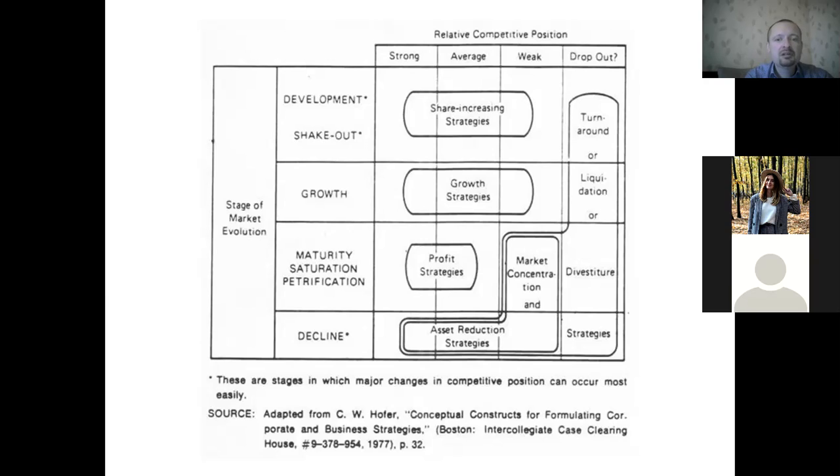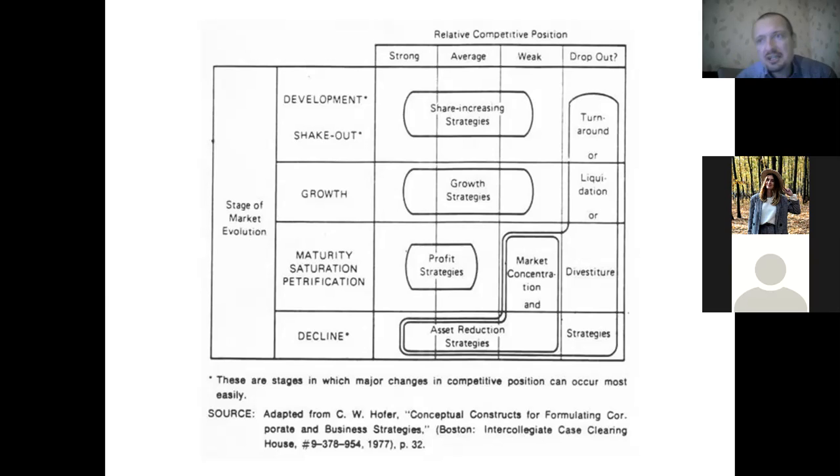And the same as in the General Electric matrix, he mentioned in this matrix some basic strategies. So he mentioned some zones, some areas, and for every area he proposed some strategy.